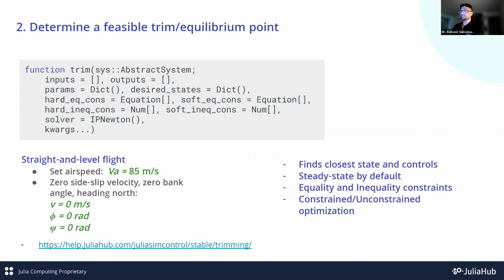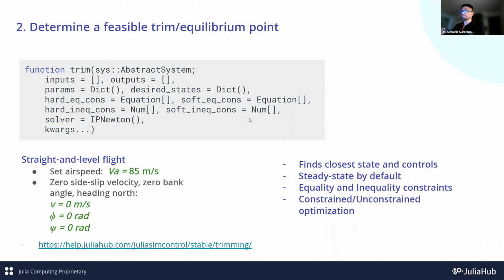By default, the trim functionality would return a steady state. However, we may also want to have, say, a steady acceleration or a steady banking turn and trim to that state, and that could also be provided by the trim functionality. So one can specify non-zero derivatives as well.